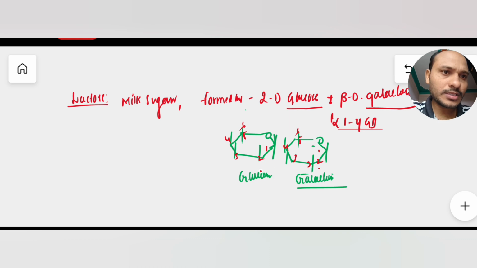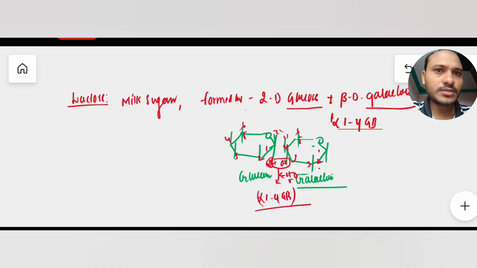So in glucose, you know that at the fourth carbon we also have the structure, like that in glucose and galactose. So in between, there is a formation where H and OH are removed as water, and there is a glycosidic bond formed between this glucose and galactose by removing water.